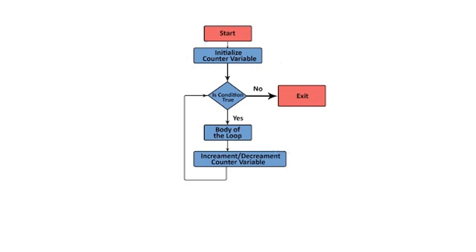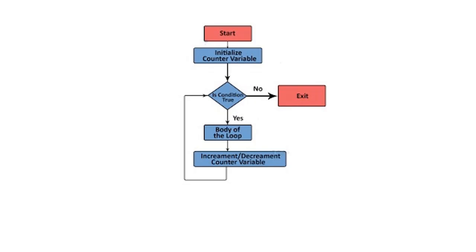After the body of the loop executes the code, then we do something to change that counter. It could go up, it could go down. Something's going to change that counter. It goes back to the top of the loop and checks the condition again. Notice it does not reinitialize the counter. It just checks to see if the new value of the counter still meets the condition.